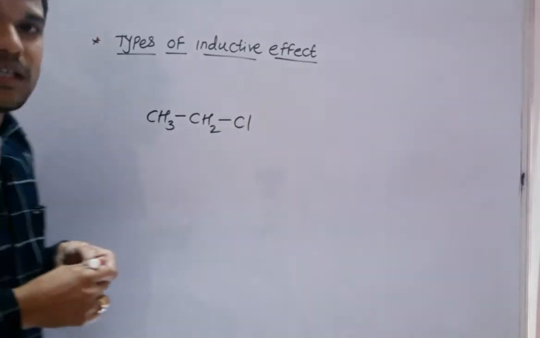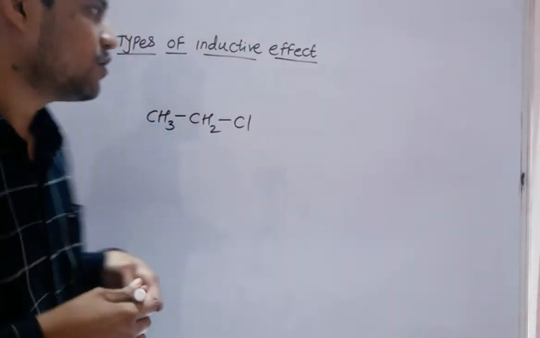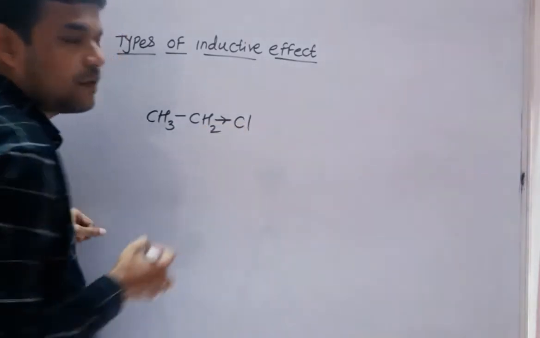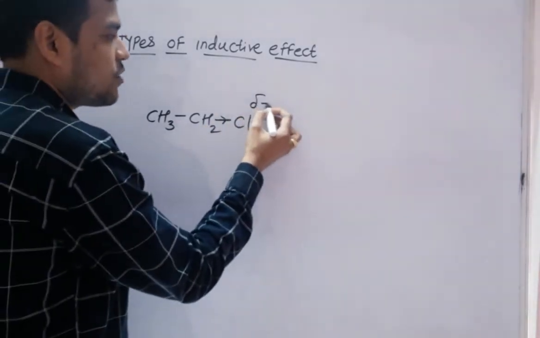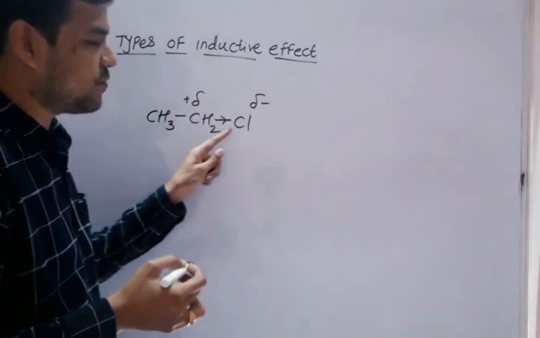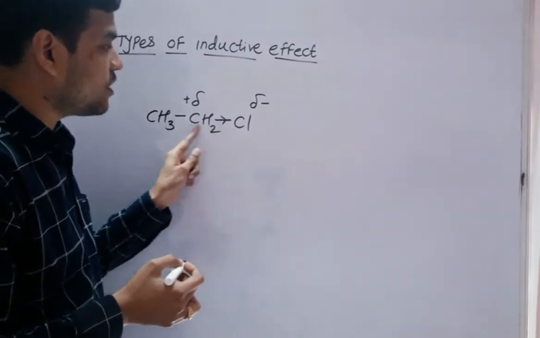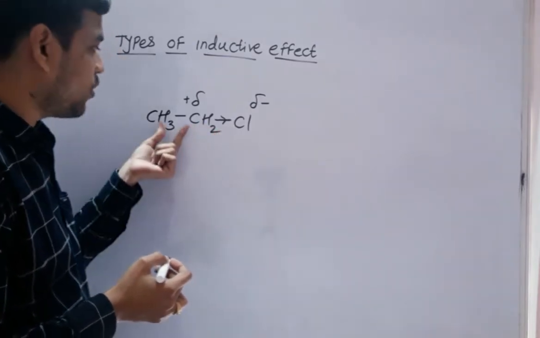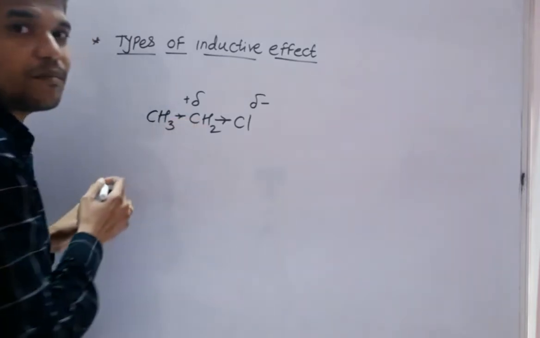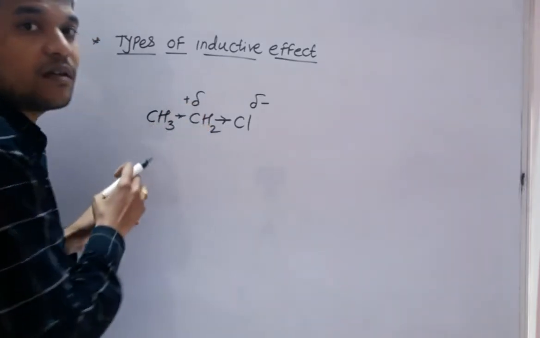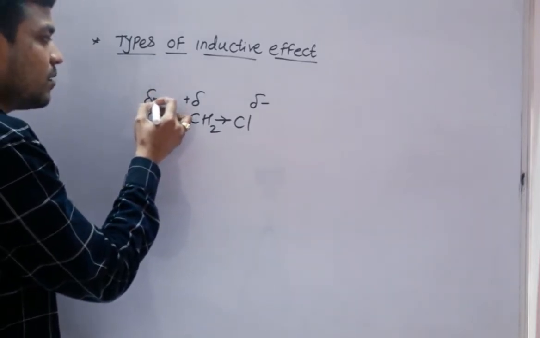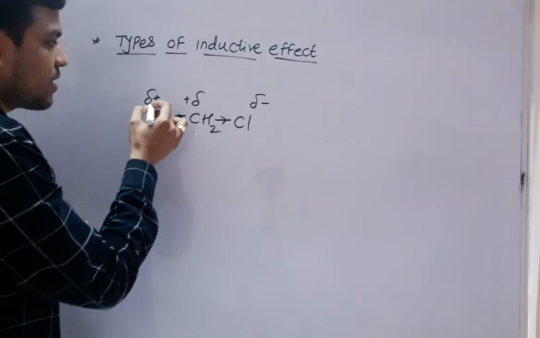Chlorine is the more electronegative atom here, so it withdraws electron density, which makes this covalent bond polar, and it takes partial negative charge. Here the carbon takes partial positive charge because electron density is withdrawn by chlorine. Due to this polarity, polarity is induced in the neighbouring covalent bond also. This carbon withdraws the shared pair of electrons towards it, so a partial positive charge develops on this carbon also.